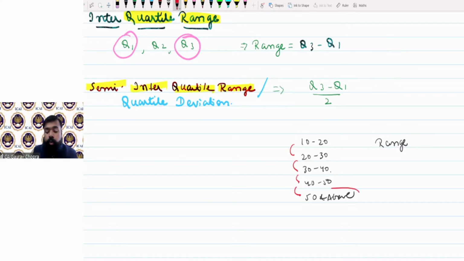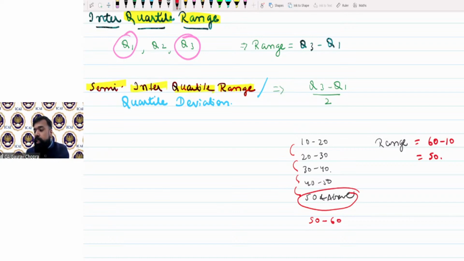So 50 and above will be 50 to 60. This you have to assume. And after that, the range will be 60 minus 10, that is 50. Okay. So this was asked by Gaurav Beswal.